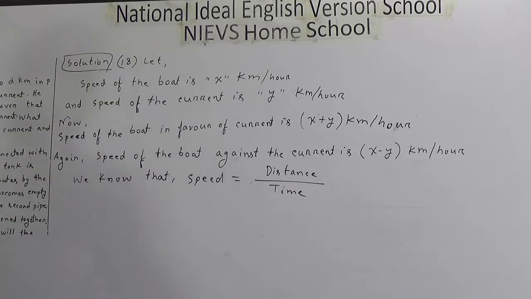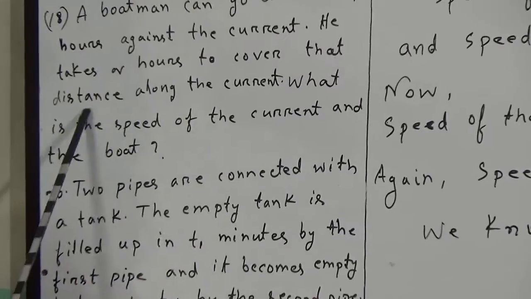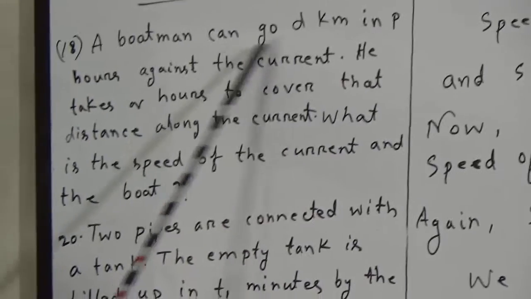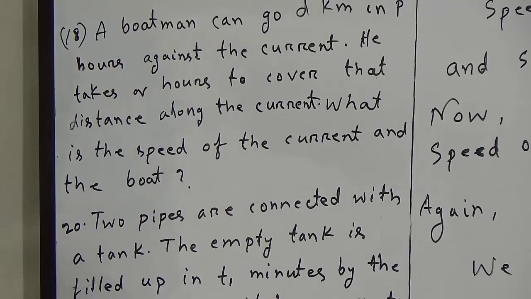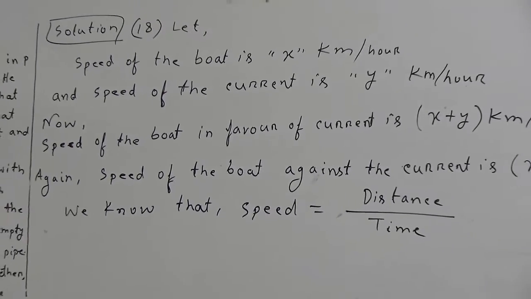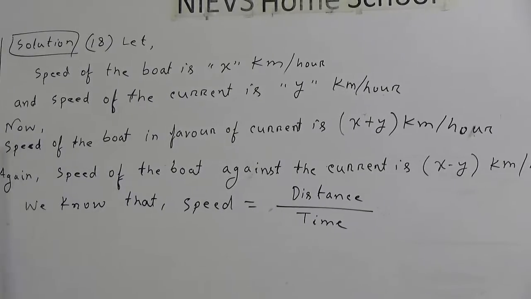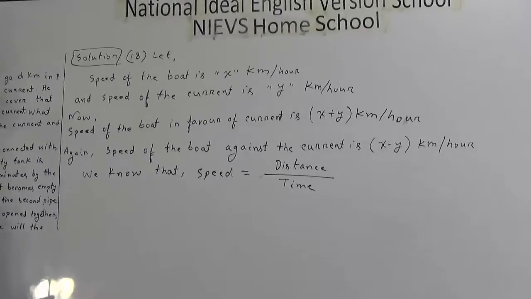Here, in favor of current, that means along the current, time is q hours and distance is d kilometer, the same distance. So speed of the boat in favor of current will be d by q. That means as per question we can write x plus y equal to d divided by q.